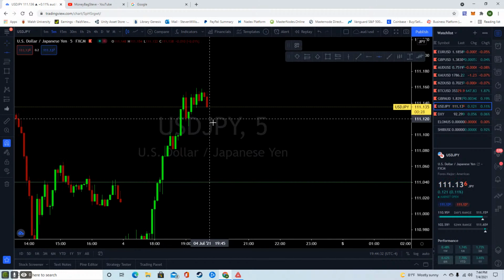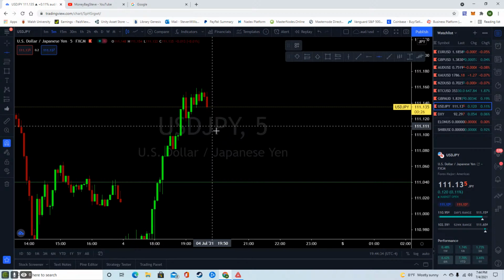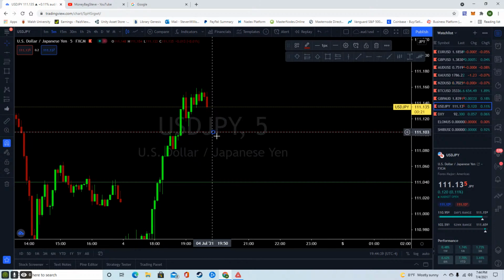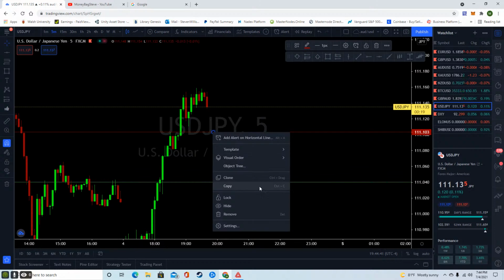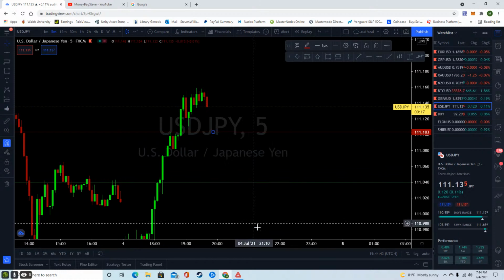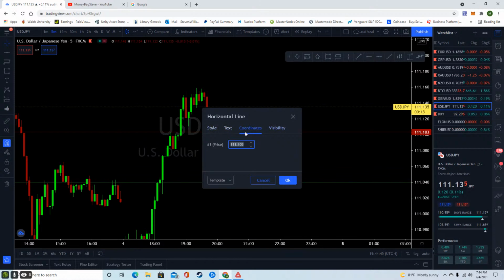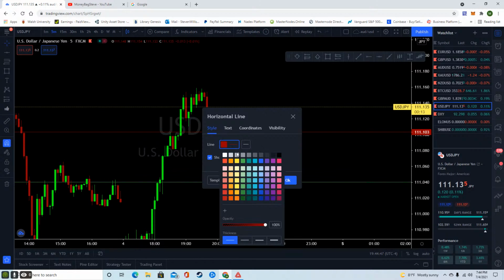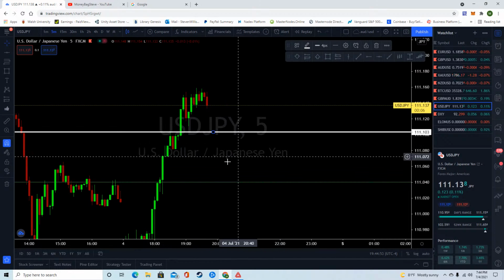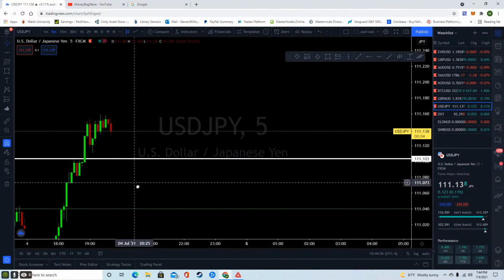So we're gonna place a line right there. We're gonna make this color white, so we know that, and thick. That's where we bought in at.